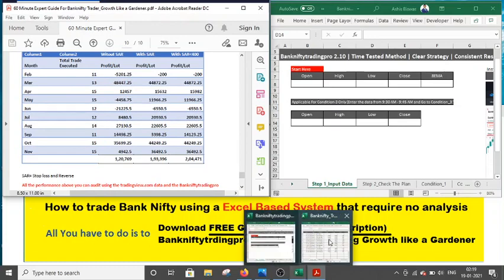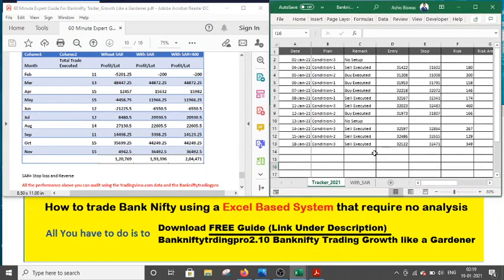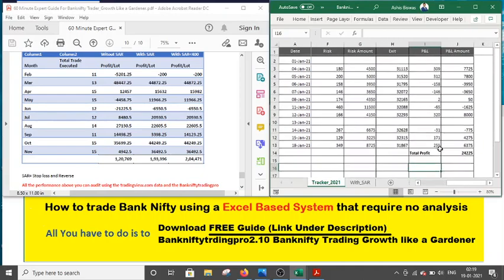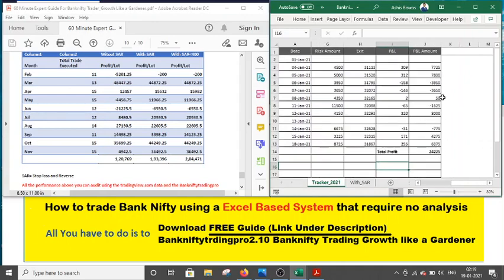This month we have a very good result so far. I am talking about January 2021, and so far we have several good wins, and there were several losses also, but overall we have a net of 24,225 plus.